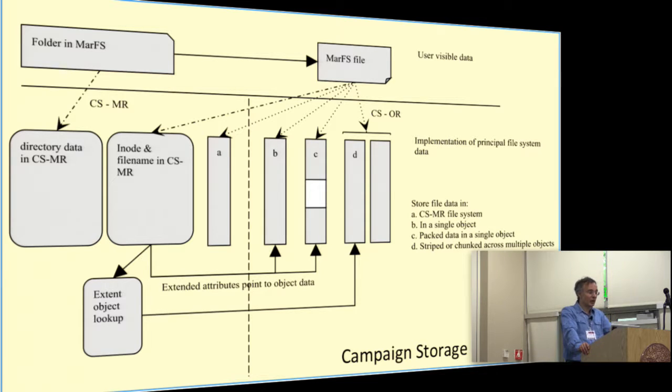There are also very, very large objects in use now, petabytes in size, and these don't fit on one object store. They must be striped over multiple object stores. So a different layout would be to stripe them. And in that case, a little lookup table is needed, like what belongs where in the striping layout.